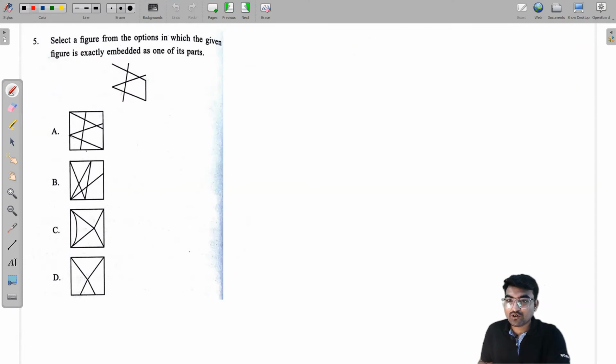Select a figure from the options in which the given figure is exactly embedded as one of its parts. Okay, so this line, okay, just look at this. Okay, so a cross line should be there. Okay, it's there, straight, right? But from here there is no line, right, like this, which will intersect this line again. So A is not there. Wait, we'll just look at the options again.